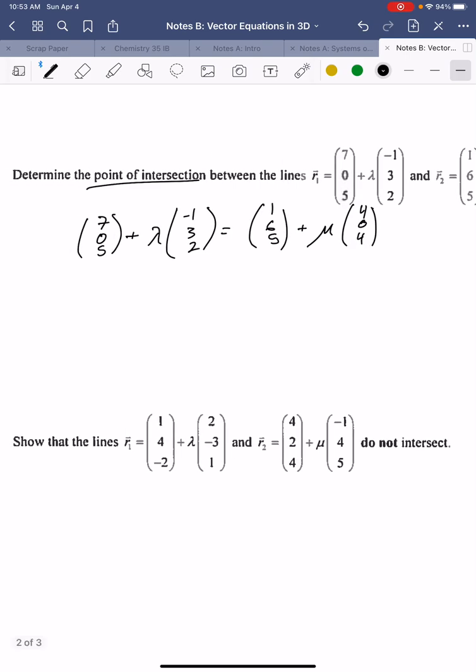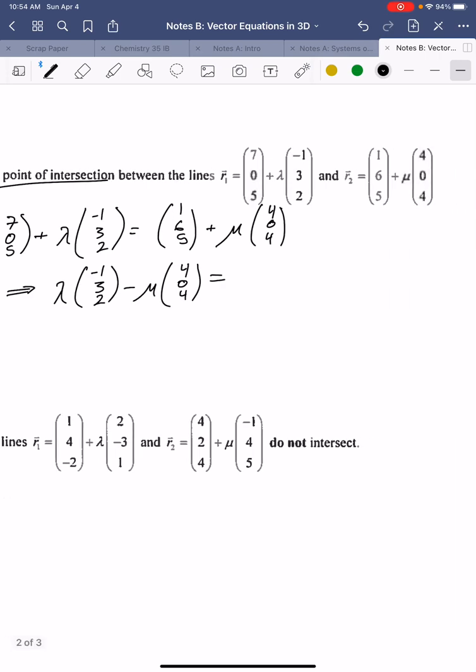All right, so how about we simplify this? We're going to move all of the position vectors to the right and all of the parameters to the left. So now we have lambda times (-1, 3, 2) minus mu times (4, 0, 4) equals (1, 6, 5) minus (7, 0, 5).